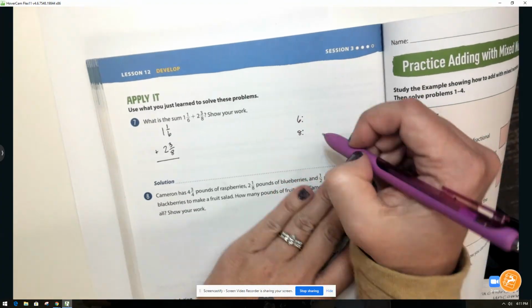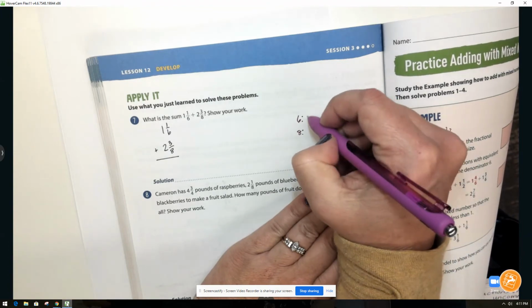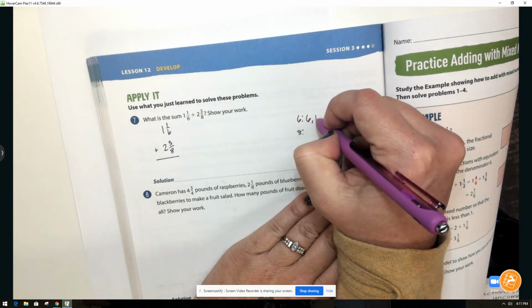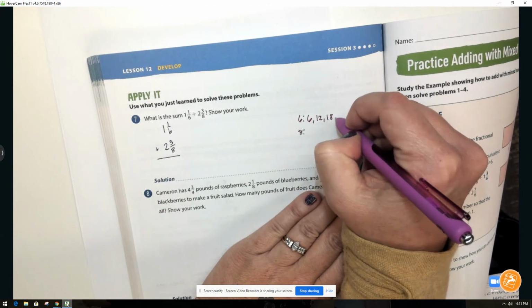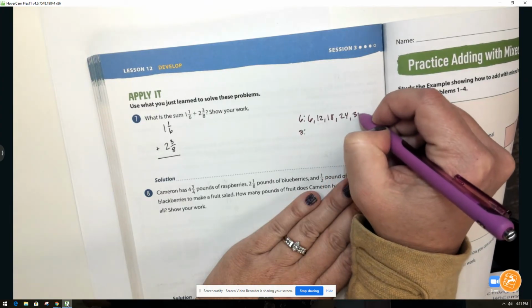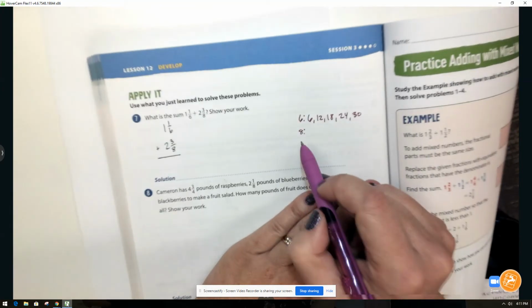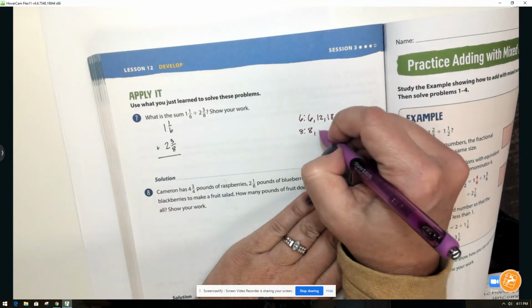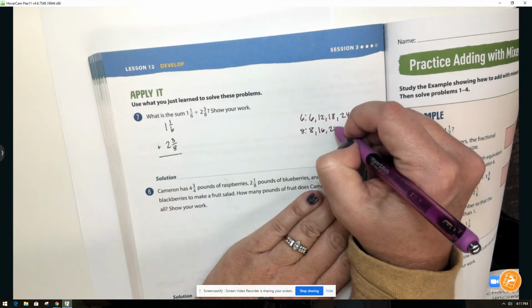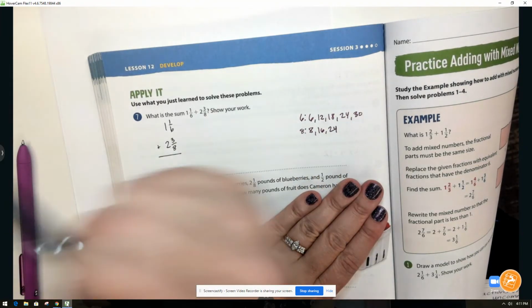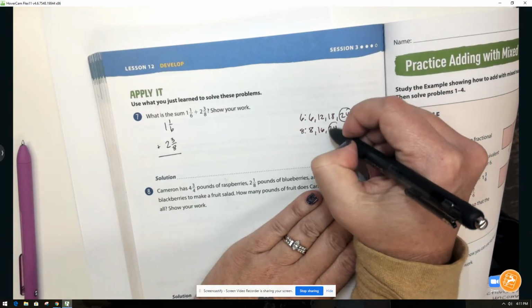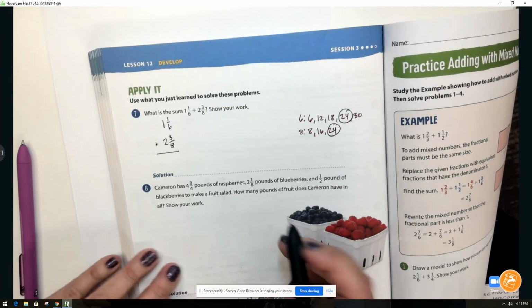You're going to write the multiples of 6: 6, 12, 18, 24, 30. The multiples of 8 are 8, 16, 24, and I can stop there because I can see that 6 and 8 both have a multiple of 24.